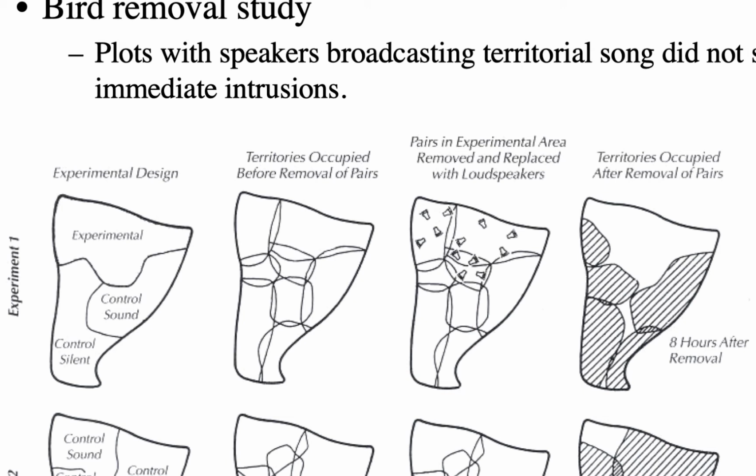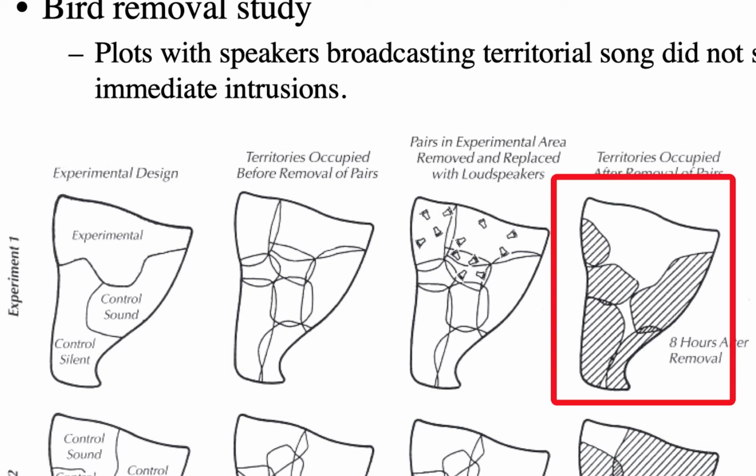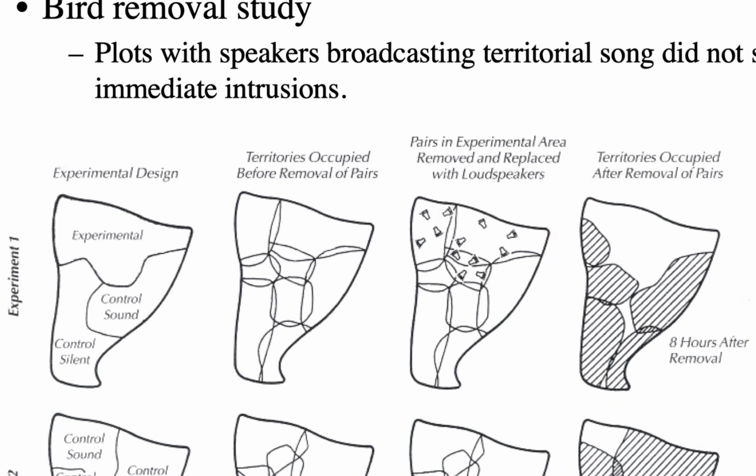What they wanted to do was then see how quickly these territories were taken over by other birds in the community of that species. And what they found is just 8 hours after removal, the territories associated with the controlled silent and the controlled sound primarily were the territories that were intruded upon and taken over by new occupants.